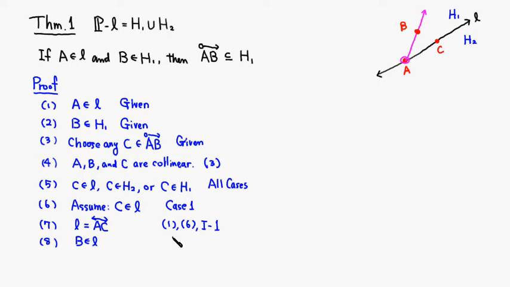This comes from line number 4, A, B, C are collinear, and line AC is line L, so number 7. But this is a contradiction because it contradicts line number 2: B has to be in H1. So here is the contradiction, and we eliminated the first case.